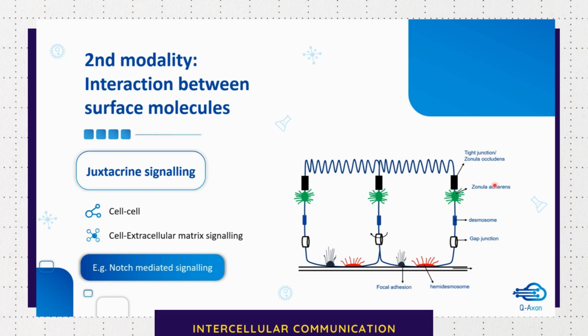So A is here, A is here. These interact with the actin filaments present in the cell. On the other hand, the two D's, desmosomes and hemidesmosomes, interact with the intermediate filaments in the cell. So that is the interaction by the second modality, interaction between surface molecules.